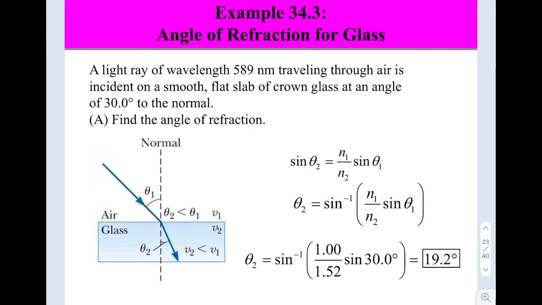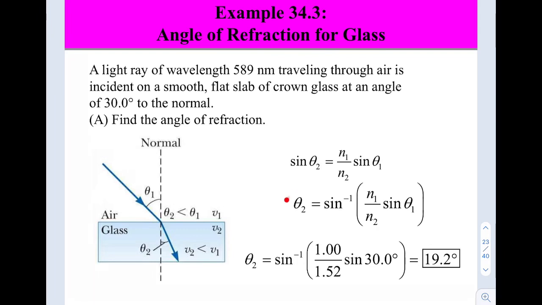Example 34.3, an angle of refraction for glass. A light ray of wavelength 589 nanometers traveling through air is incident on a smooth flat slab of crown glass at an angle of 30 degrees to the normal. Find the angle of refraction. Based on Snell's law, N2 sine theta 2 is equivalent to N1 sine theta 1.